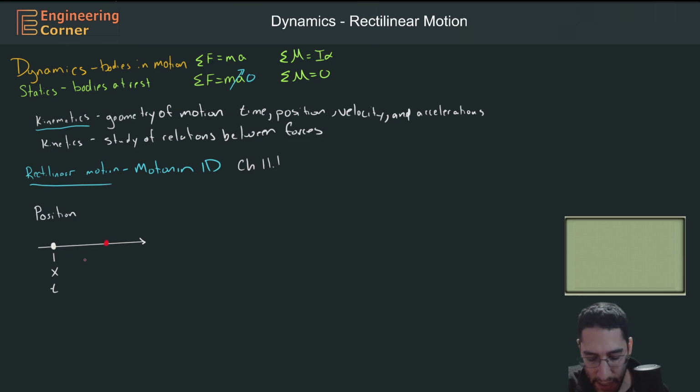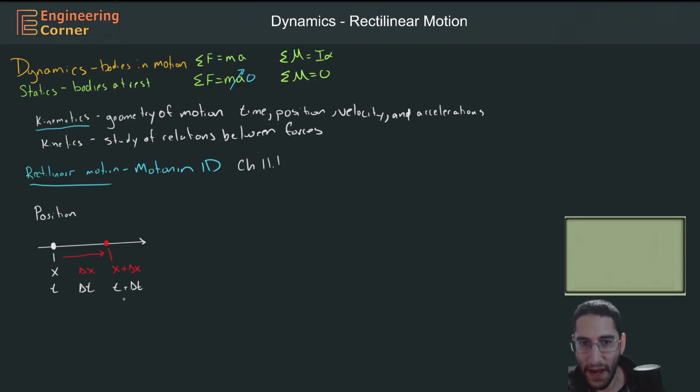And this new position is going to be whatever this is right here. So this is going to be some delta x. So my new position is going to be x plus delta x. And my time is going to be some change in time. And so this is going to be some t plus delta t.